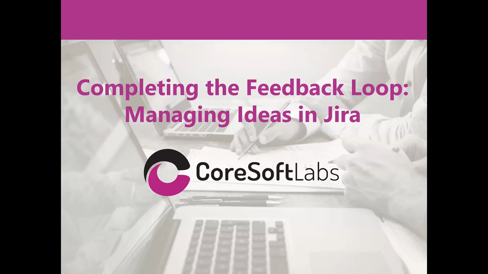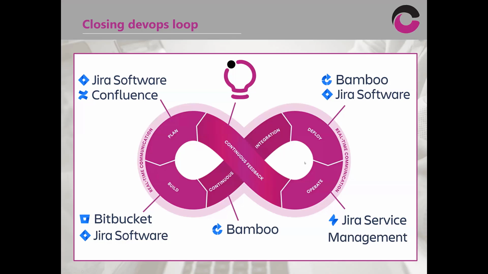First of all, what is the feedback loop? I know that some of you may be DevOps people or DevOps connected. So this very simple loop is well known to you. It is a DevOps standard that shows continuous improvement, continuous delivery, and continuous feedback for software development and for product development at all.